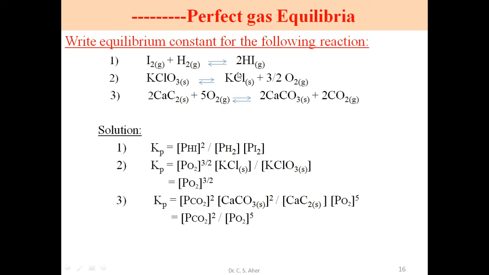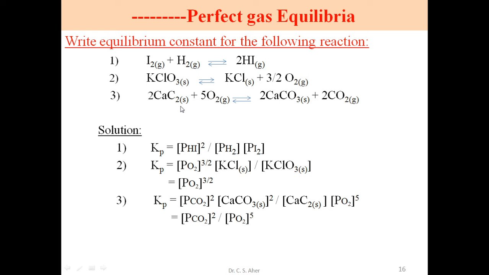The reactant is again in solid form, KClO3. A solid does not create partial pressure, so we don't write P. So the Kp value depends upon partial pressure, and there is only one partial pressure. So Kp is equal to the partial pressure of oxygen gas raised to power 3 by 2.